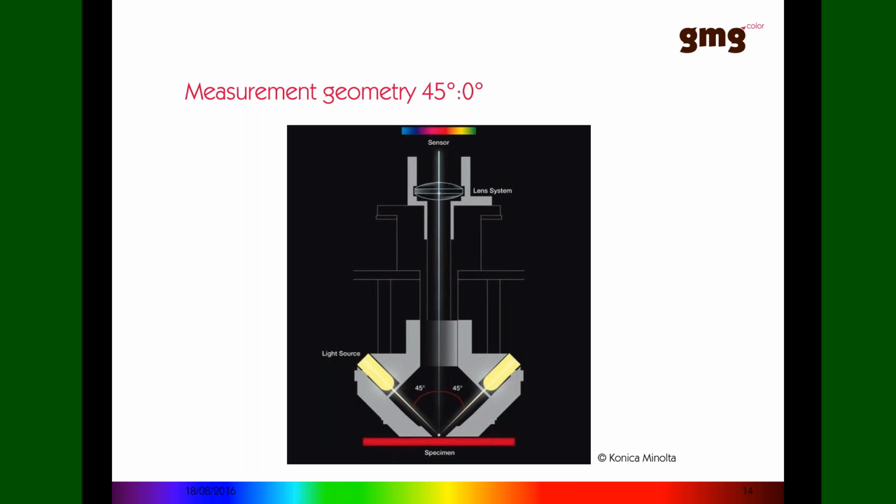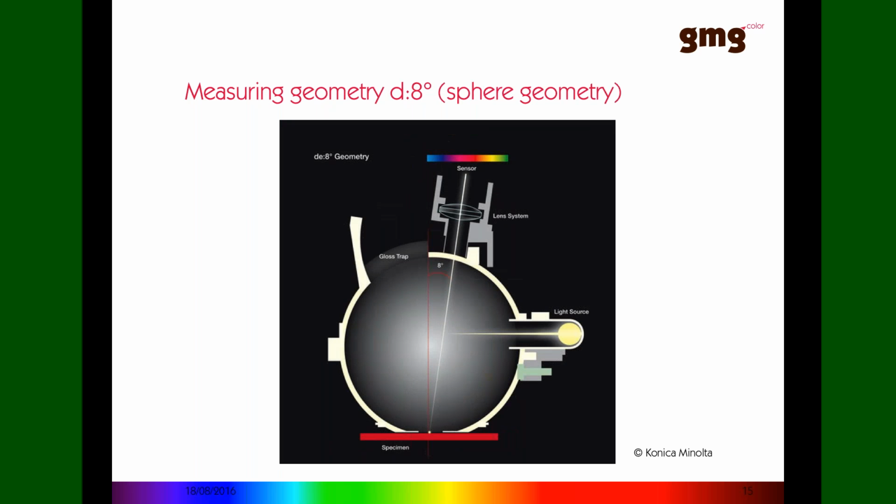And just as an example, I also want to show you a different measuring geometry that has nothing to do with 45-0-degree, nothing to do with what we are using currently in the normal printing press industry. But there's also, for example, a sphere geometry.